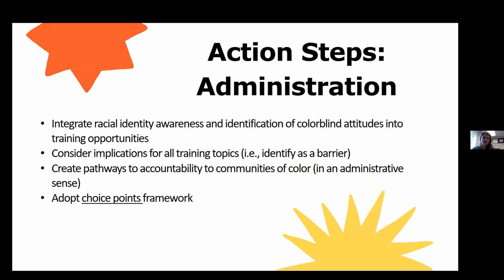That exposure. When folks are feeling hostile, that's when they really don't want to engage with information or reality. And so providing those training opportunities. If you're in a role where you select training topics, I think it definitely deserves consideration. Also consider the implications for all training topics, right?